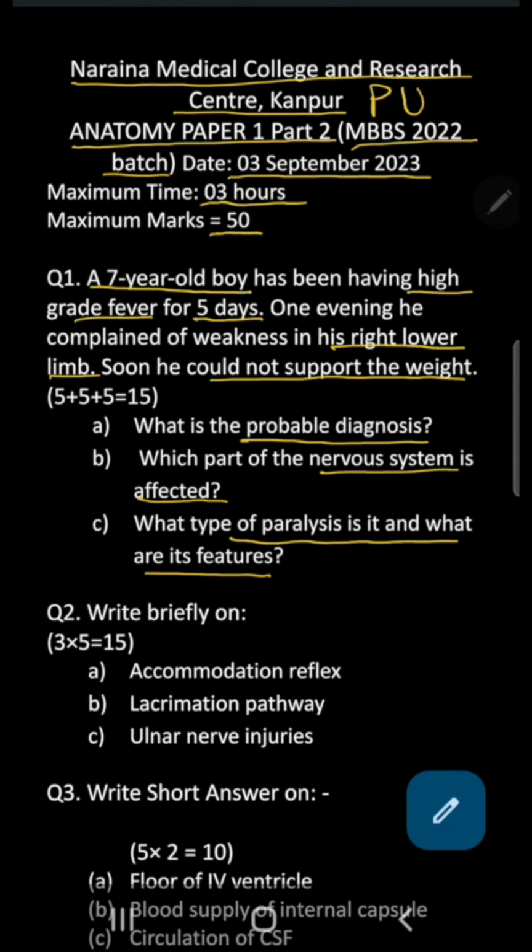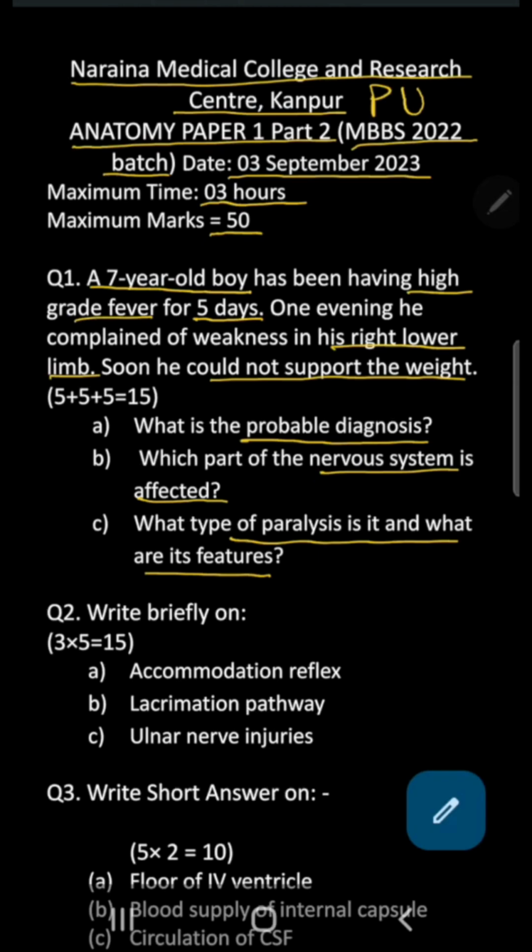So the changes of muscular atrophy will lead to shrunken, thinned out lower limbs, and it will be visible. You can compare both his right and left limb. You will find that his right limb is thinner, contracted, and much weaker, right? So these will be the features which you can appreciate in this lower motor neuron type of paralysis.